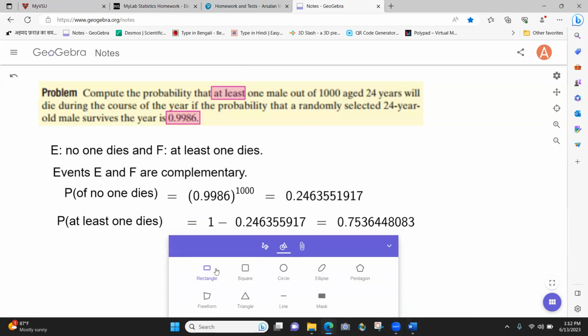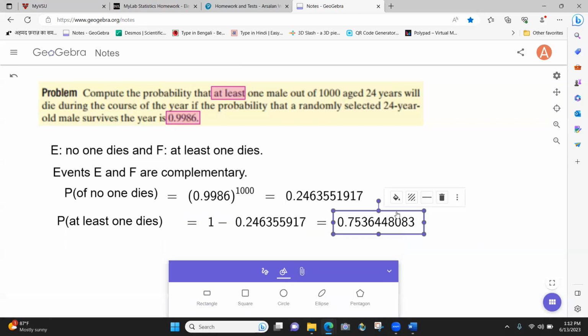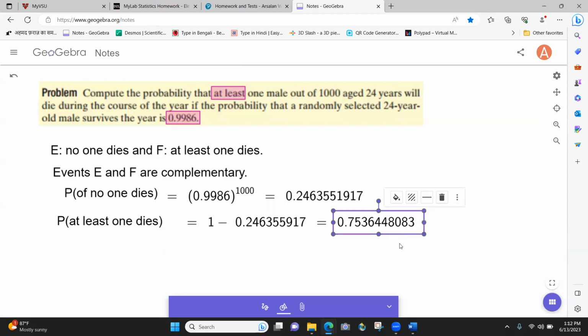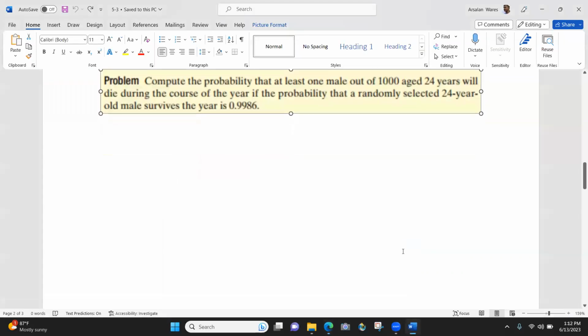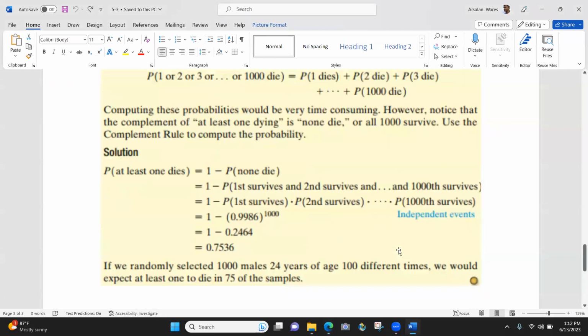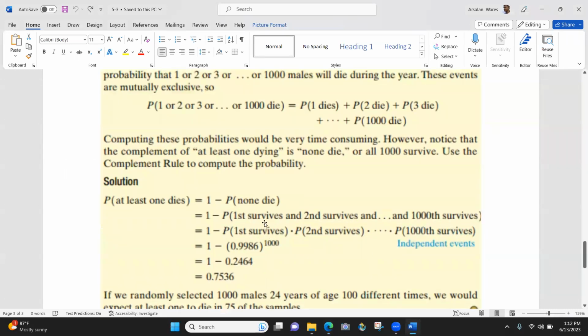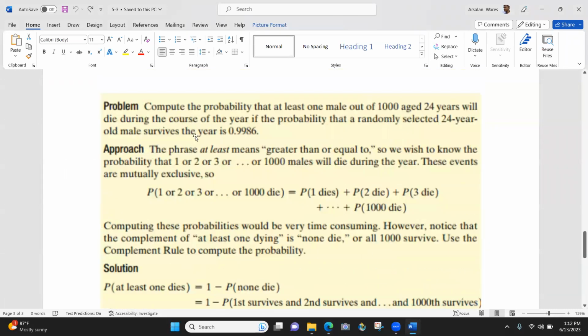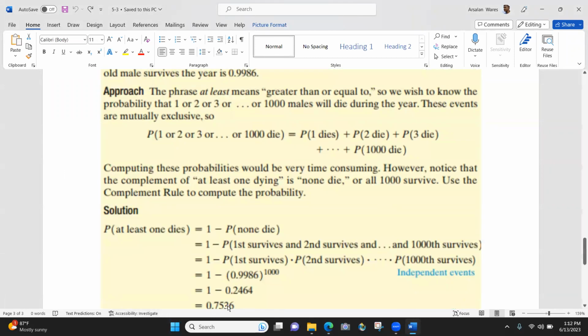Let me highlight it. Now, this problem is an example from your book, and it's right here. We got the answer.